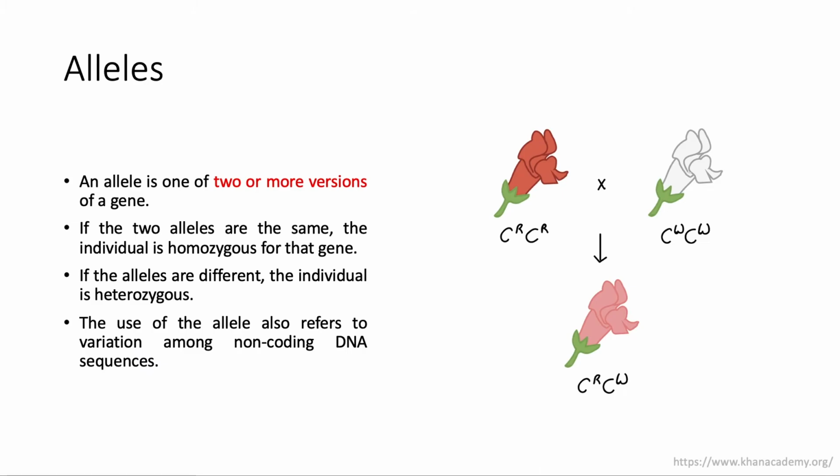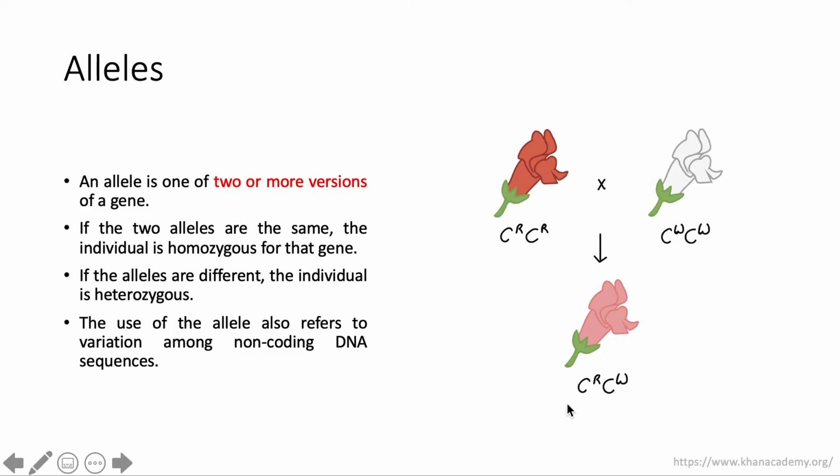And if we talk about genes, usually we talk about alleles, and an allele is when we have 2 or more versions of a gene. So for example, here we have a CR allele that produces the red color in the flower, and here we have the CW allele that produces the white color in the flower. When both alleles are the same, like in this case CR, or in this case CW, we can say that both genotypes are homozygous.